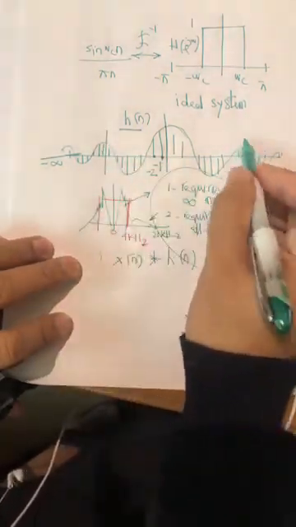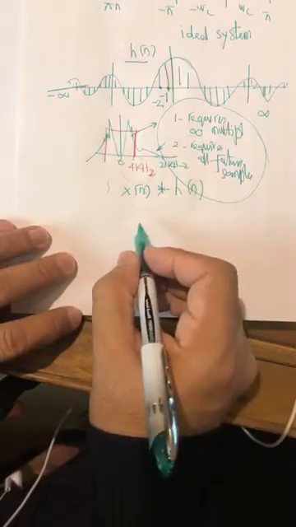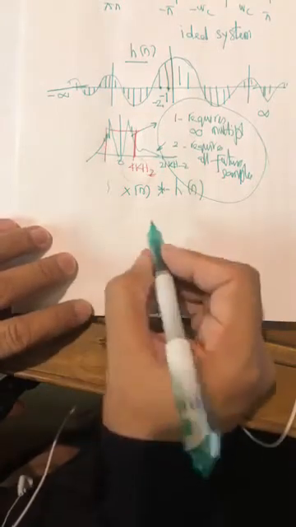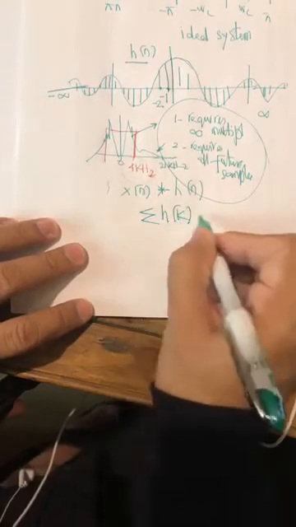Whatever my budget is, let's say the application is such that I can only perform 200 multiplications for computing one output sample. Remember, convolution requires you, this is the convolution summation.